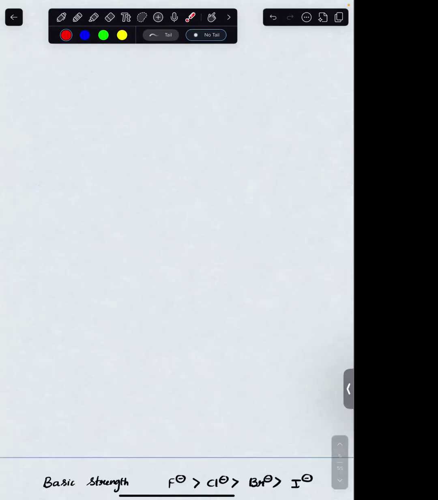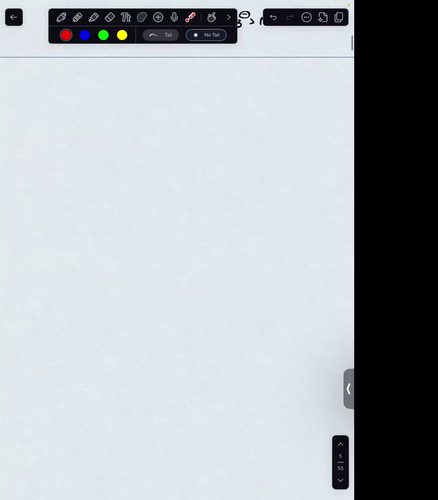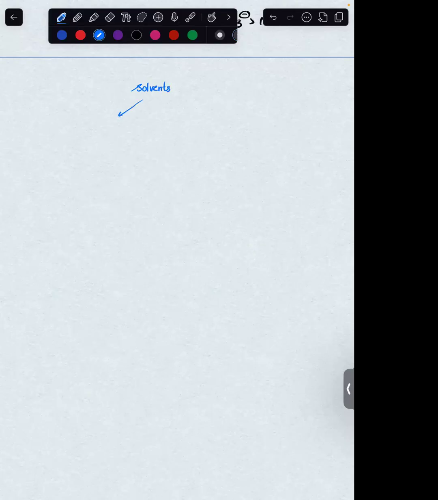Everyone, basically, if you classify the solvents, what are the types of solvents you have? Polar, non-polar. We have non-polar as well as polar solvents.